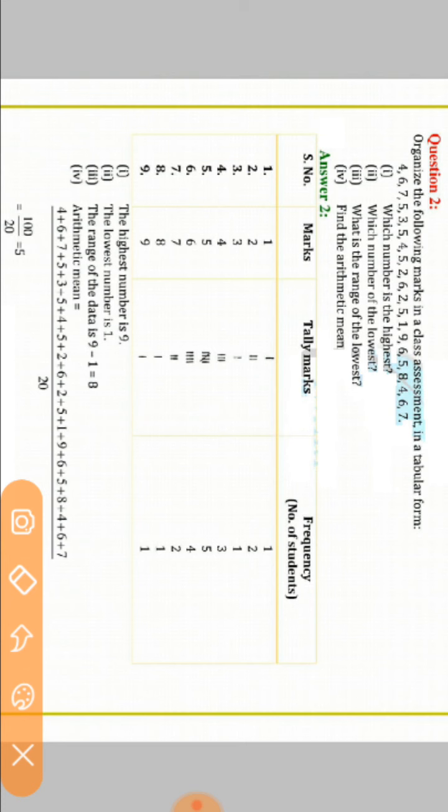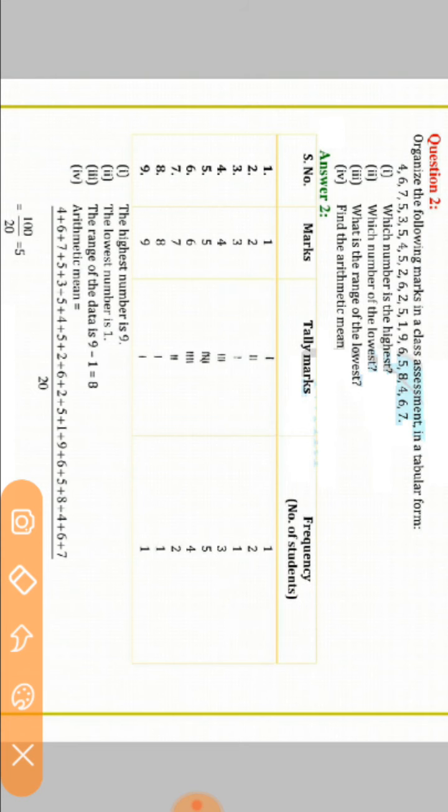Now we have arranged in tabular form in increasing order with tally marks or frequency. Frequency is nothing but the number of students who got those marks. 1 mark, 1 student got. 2 marks, 2 students got. 3 marks, 1 student got. 4 marks, 3 students got. Like this, that is the meaning.